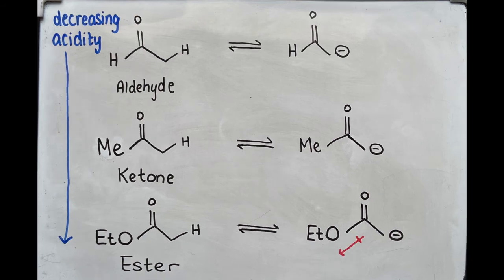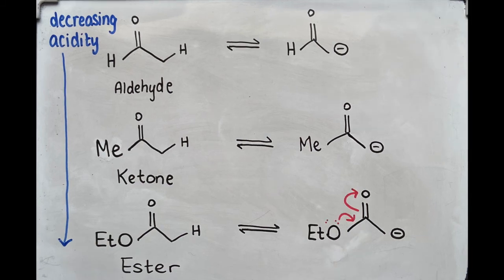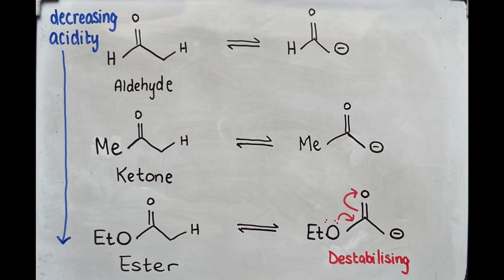The OEt group of the ester compound inductively withdraws electron density, but is also a mesomeric donor due to the presence of lone pairs. As mentioned in video 8, the mesomeric effect is more dominant. This donating group destabilizes the conjugate base by effectively pushing more electron density towards the negative charge.